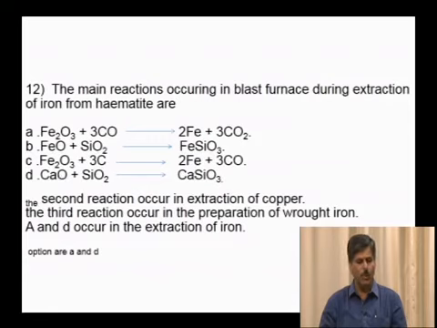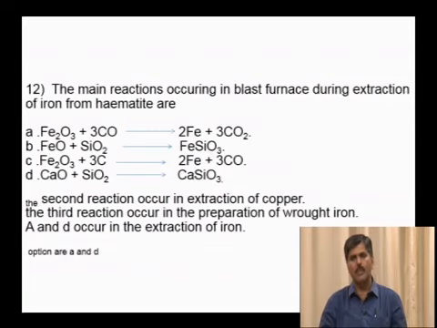from hematite ore. In the extraction of iron, the concentrated ore mixed with coke and limestone is taken in a blast furnace heated by a hot blast of air. In the blast furnace, several reactions take place in different zones.